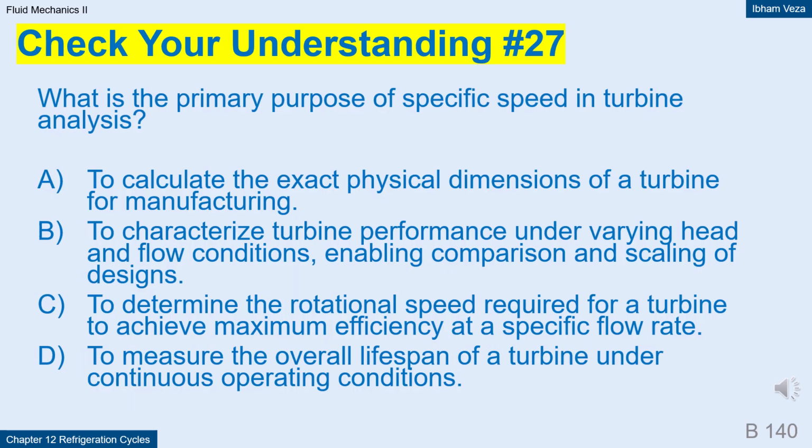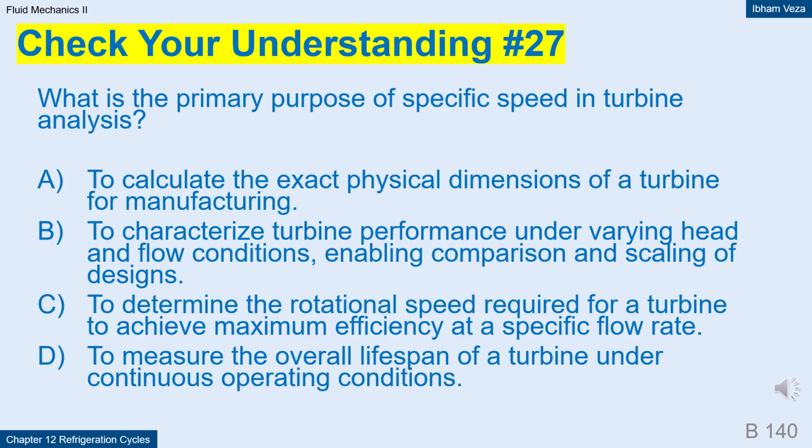Correct answer. B. To characterize turbine performance under varying head and flow conditions, enabling comparison and scaling of designs. Explanation of incorrect options. Option A. Specific speed is a dimensionless parameter used for performance characterization, not for determining physical dimensions of a turbine.